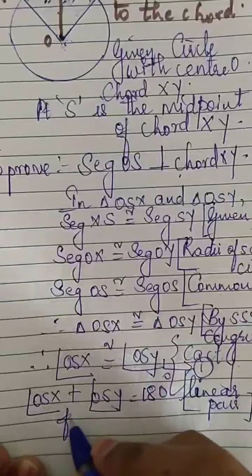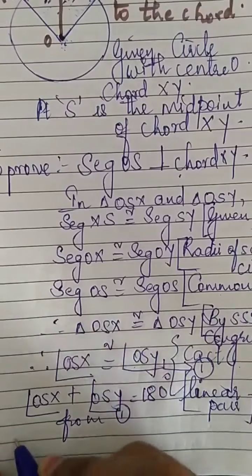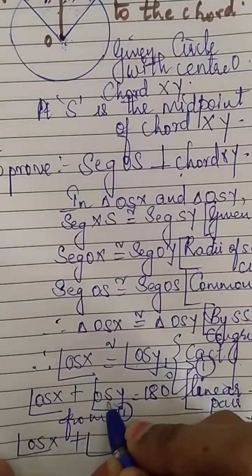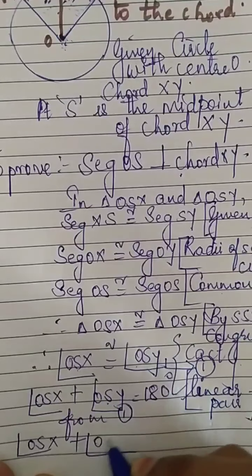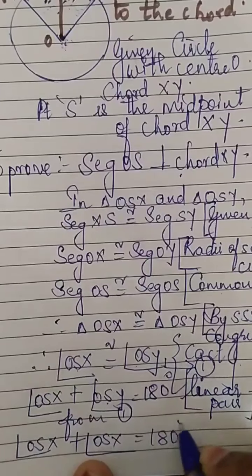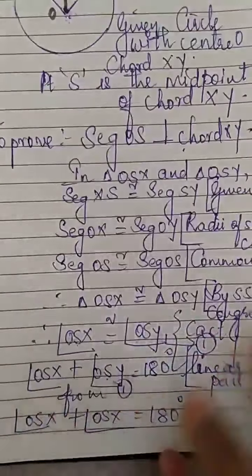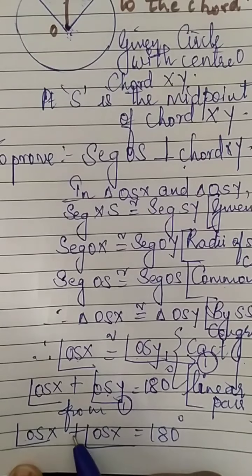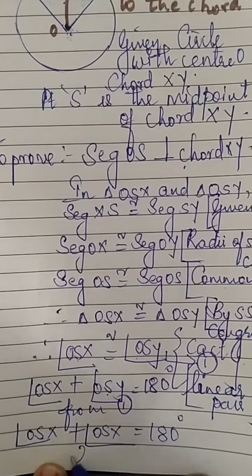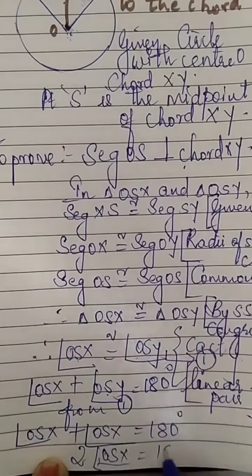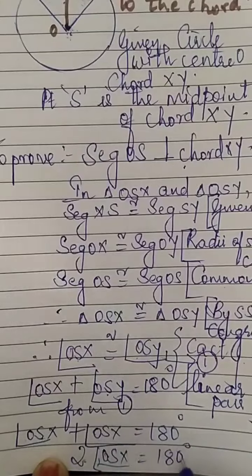So from 1 I can write angle OSX plus angle, in place of OSY also I'll write OSX, because both are equal angles, okay, is equal to 180 degree. Now OSX plus OSX will be 2 times angle OSX is equal to 180 degree. Bring 2 to the opposite side.